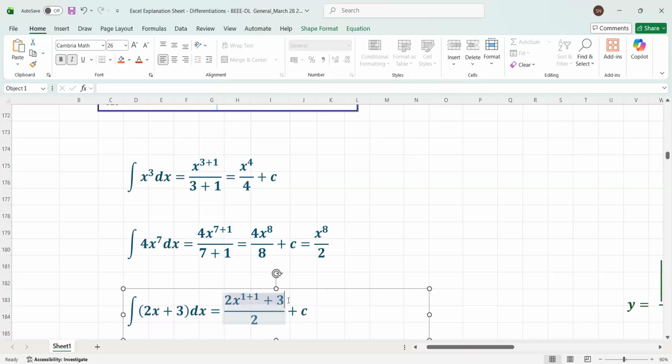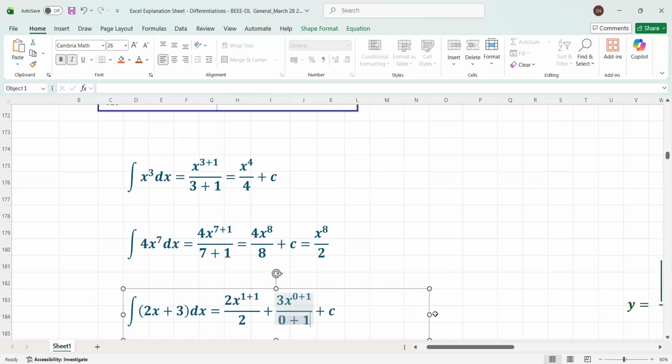Sorry, these are 2 different functions. So all this over 2, then plus a divided by b. The numerator will be 3x raised to the power 0 plus 1. I hope you saw what I did wrong. So 0 plus 1, all divided by 0 plus 1.